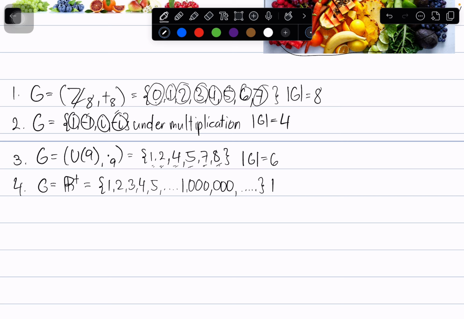So we're gonna count how many elements there are. Since it's an infinite set and it has an infinite amount of distinct elements, the order is simply positive infinity. Okay. So that's how we define an infinite group.